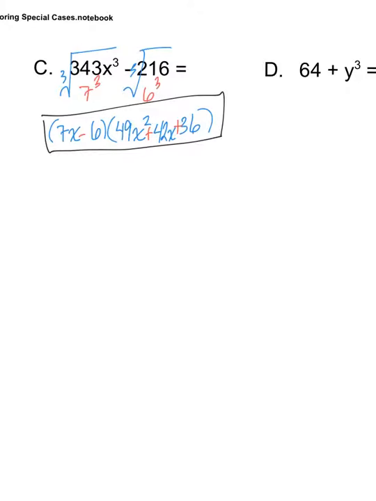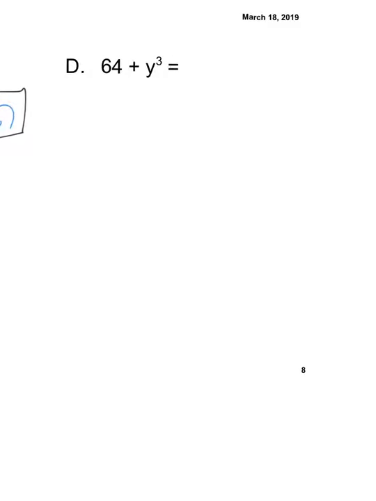Then for D, this is a perfect cube and this is a perfect cube. The cube root of this is 4, so 4 to the 3rd is 64. So I'm going to take the cube root of 64, which is 4, and the cube root of y cubed, which is y.